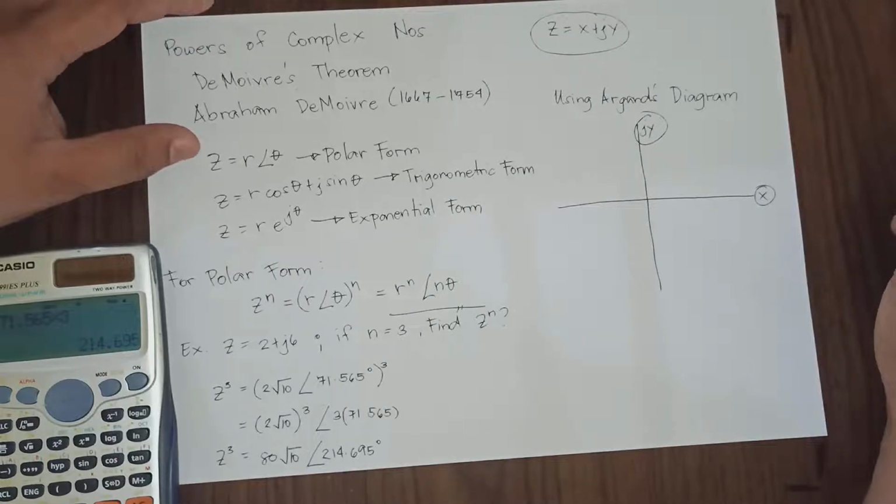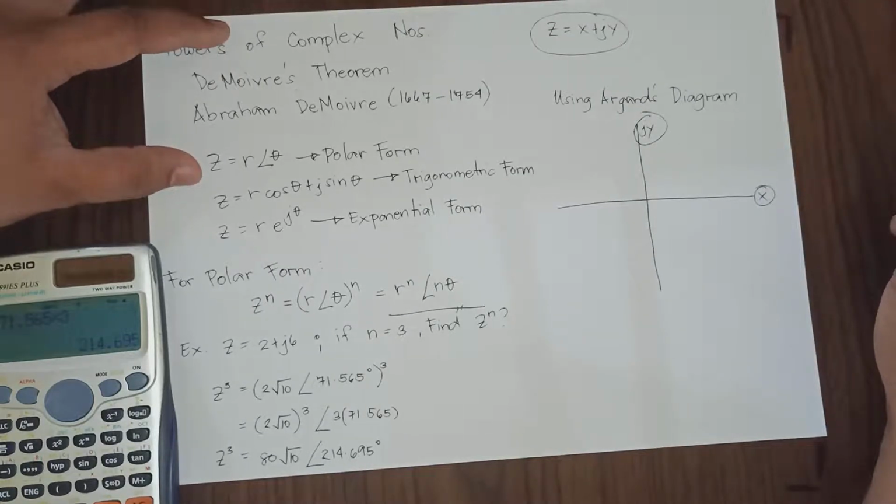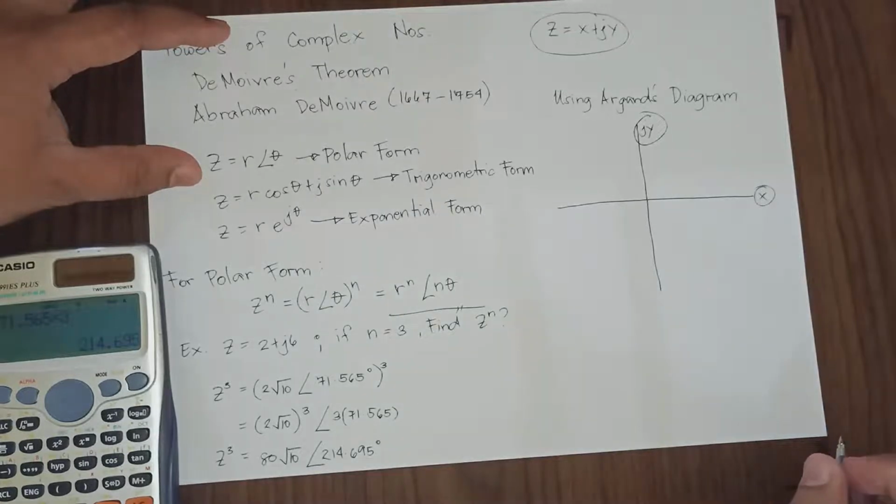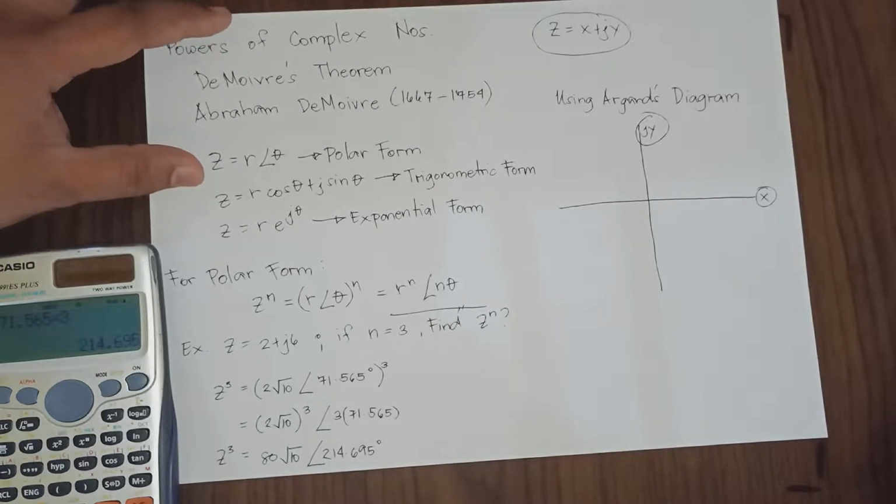As you have learned from our previous videos. Okay? So, paano ba natin malalaman yung ating direction when it comes to this answer, no? Yung 80 the square root of 10, angle 214.695 degrees. Okay?